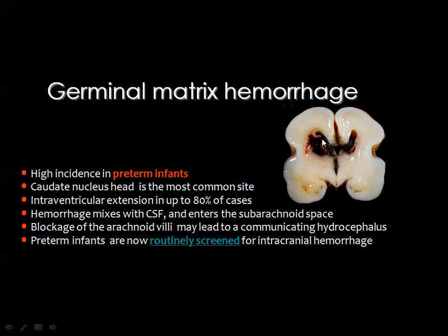Then this hemorrhage, occurring intimately related to the ventricle, may have an access to enter the ventricular lumen, and this may result in obstructive hydrocephalus and ventricular dilatation. Then hemorrhage may extend also into the brain parenchyma, and according to the size of the hemorrhage and the extent within the ventricles and then the size of the ventricles, we have the grades of germinal matrix hemorrhage.